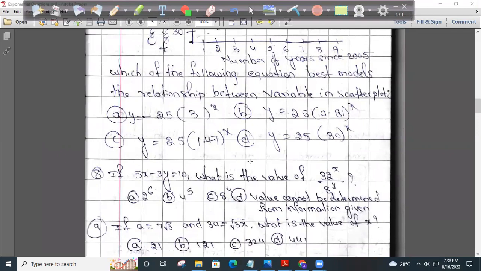If 5x minus 3y is 10, what is the value of 32 to the power of x divided by 8 to the power of y? 5x minus 3y is 10.